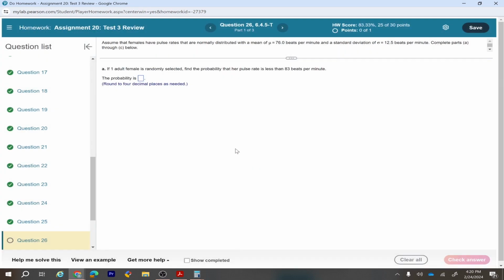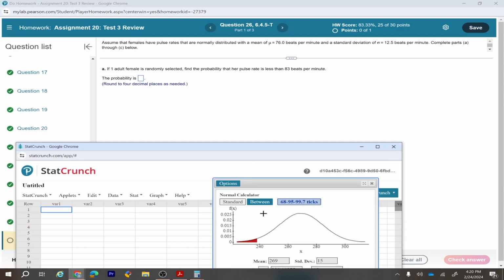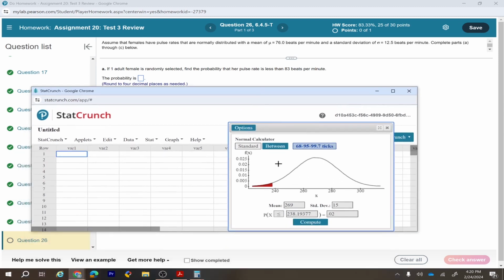Assume that females have pulse rates that are normally distributed with a mean of 76 beats per minute and a standard deviation of 12.5 beats per minute. If one adult female is randomly selected, find the probability that her pulse rate is less than 83 beats. We can use StatCrunch. Remember, the mean is 76, and because it's normally distributed, we can use this normal calculator, and the standard deviation is 12.5.